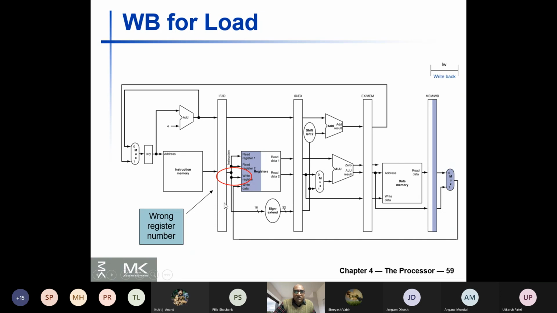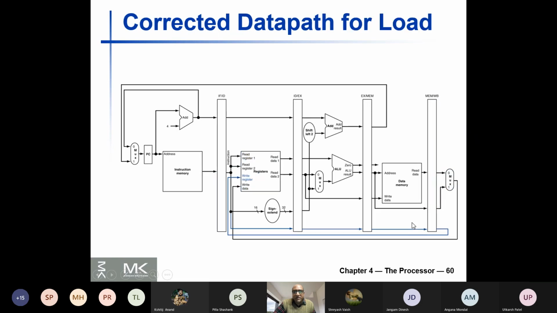For that purpose, along with the load instruction, we need to capture the destination register ID. That also has to be carried along through all these stages, as you can see here. Whatever the destination register was, has to be taken and passed through all these stages.